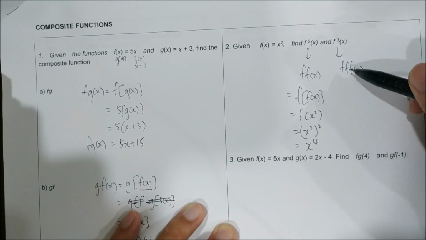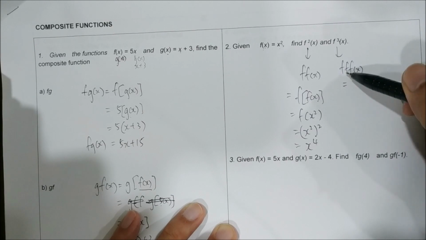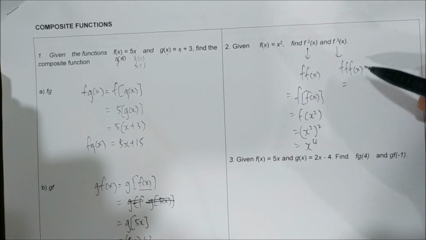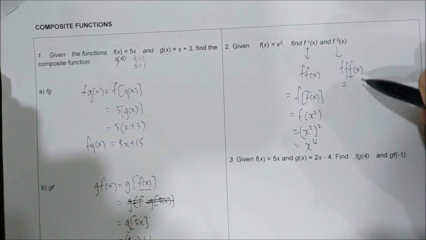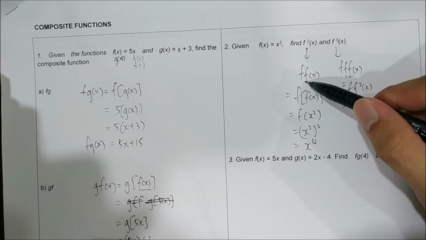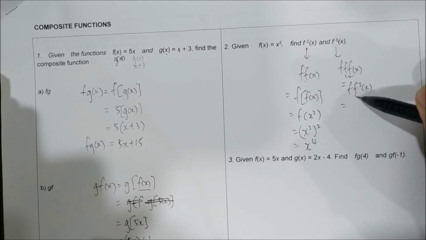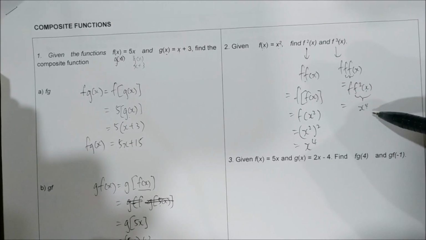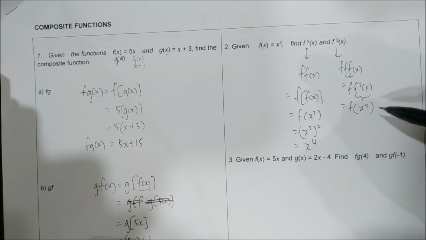Whereas for this, it equals f(f²(x)), which is actually f³(x). So for f²(x), we already have the answer from here, which is x to the power of 4. So we only have to do this once.